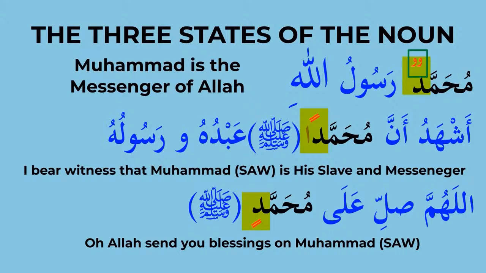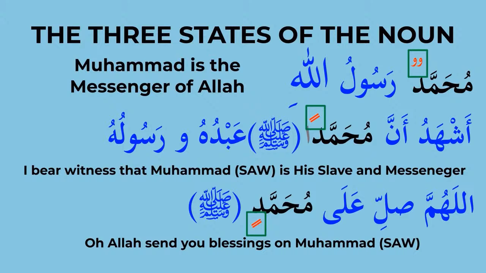It can decline to Tanween Fatha, or if you have al, then it is one Fatha, or it can decline to Tanween Kasra, or with alif and lam, with al, one kasra.